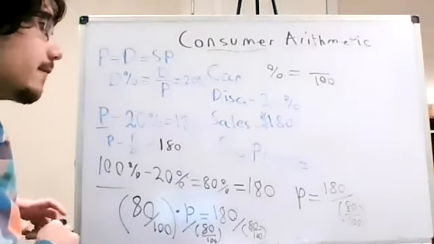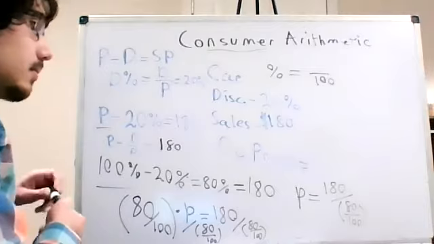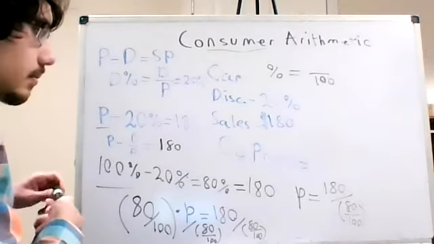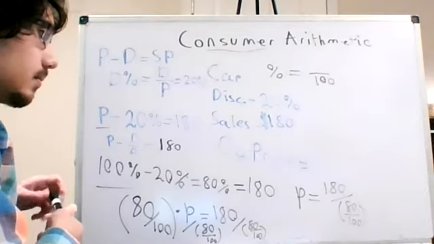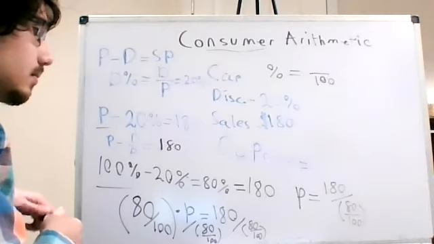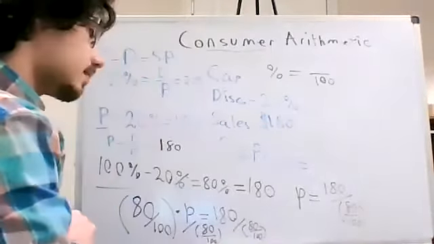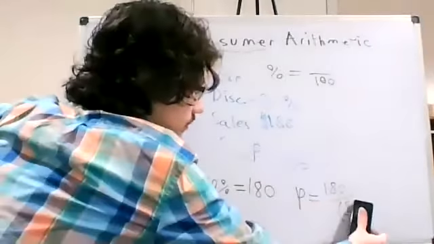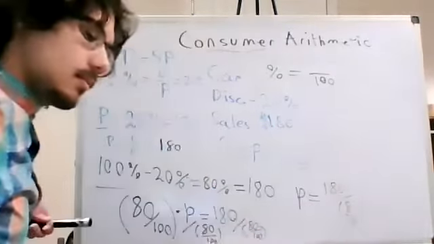Could any of you try and simplify this, please? Sir, it would be 8 over 10. So we know that this would be 8 over 10. That is correct.